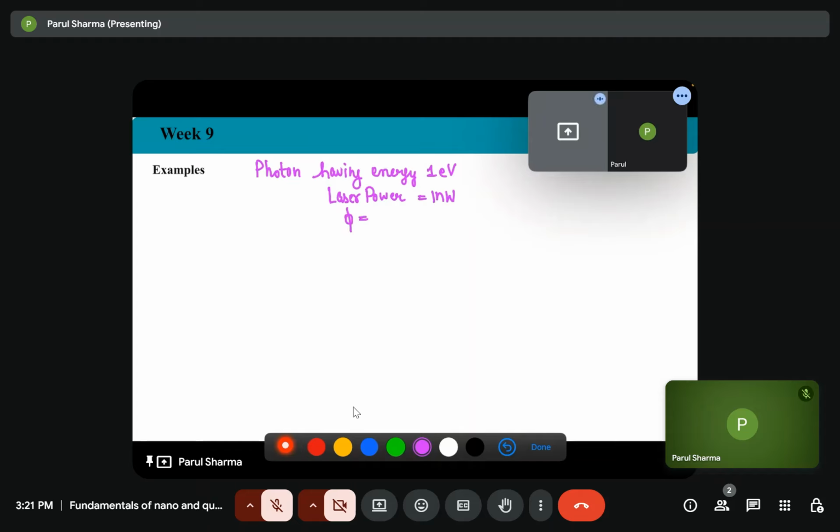Then phi is equal to 10 raised to power minus 9. That will give us 6.25 into 10 raised to power 9 photons per second.